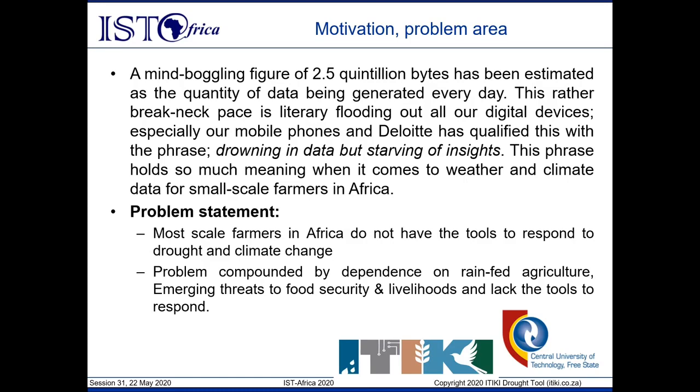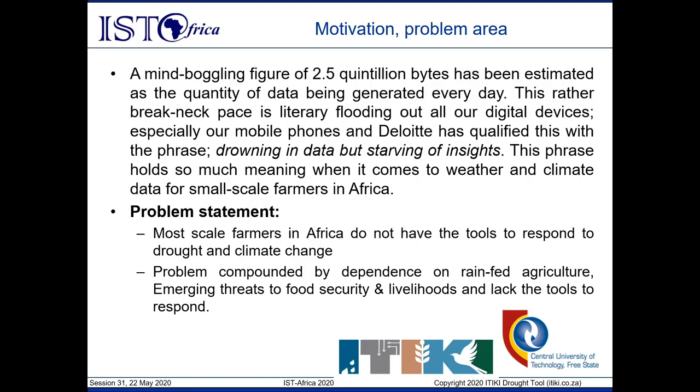And this exactly is the same situation our small-scale farmers in Africa are faced with. There's so much information on weather, on radio, on TV, newspapers, on mobile phones, but in many cases, there's almost nothing for the small-scale farmers to use in their day-to-day decision-making process.